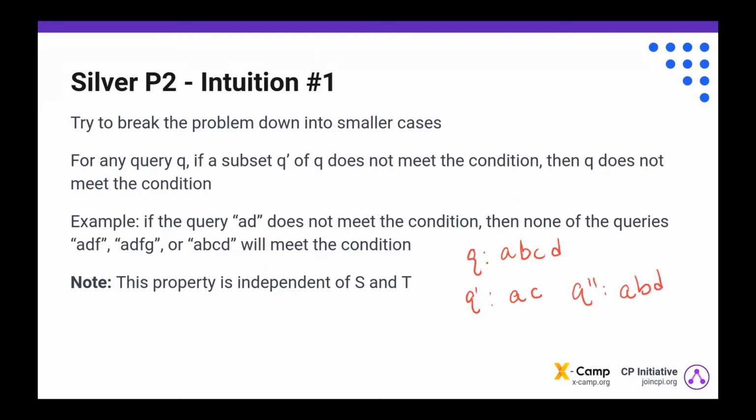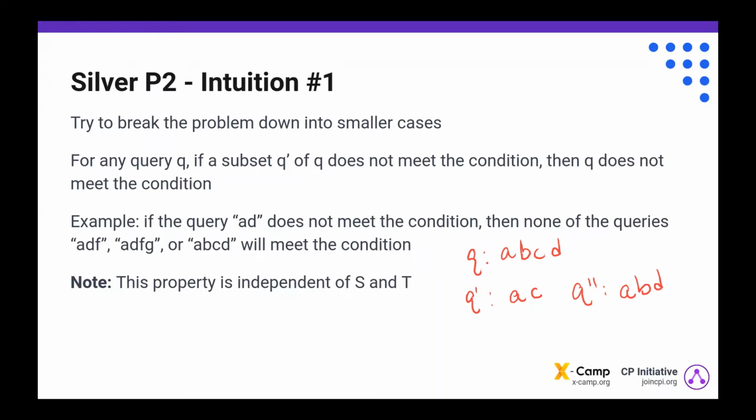And note, there are scenarios when Q prime does not fail and then Q double prime fails, or vice versa. So each of the subsets are independent of each other, right? So if one subset succeeds, it still does not necessarily mean that the entire query Q succeeds, right?